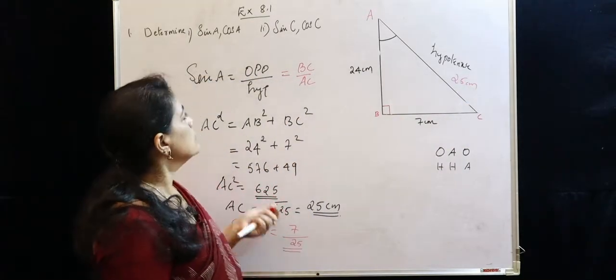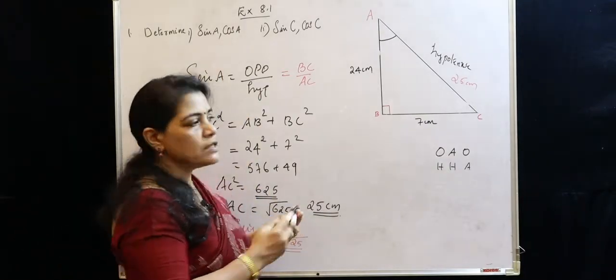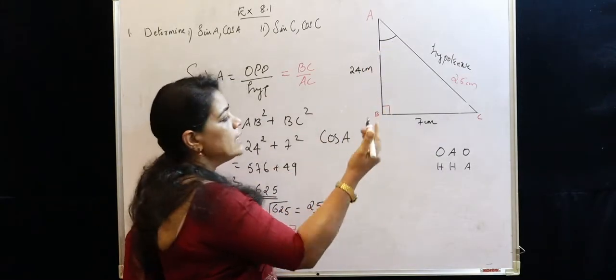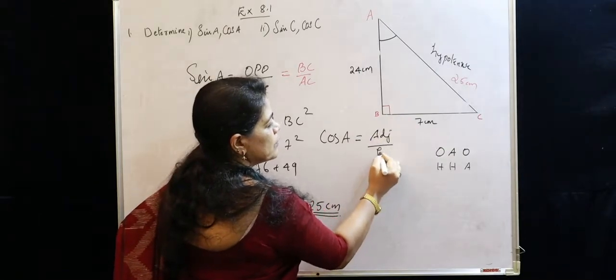In the same way, what is cos A by definition? Cos A is equal to, with reference angle A, adjacent side divided by hypotenuse.